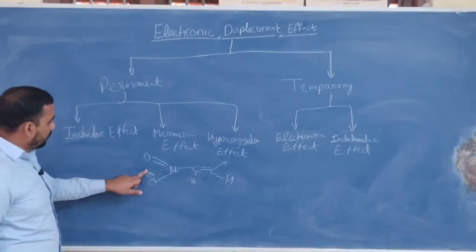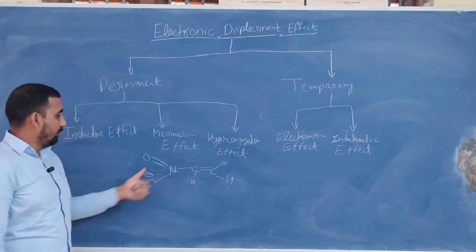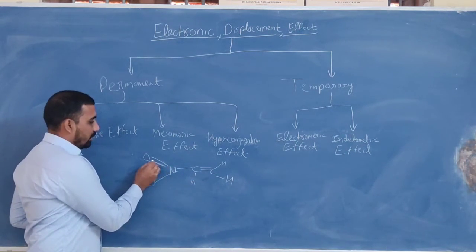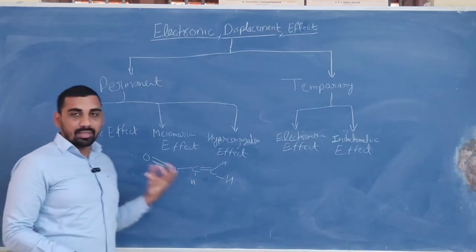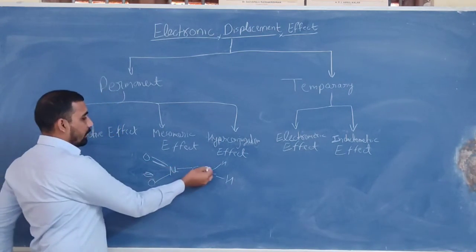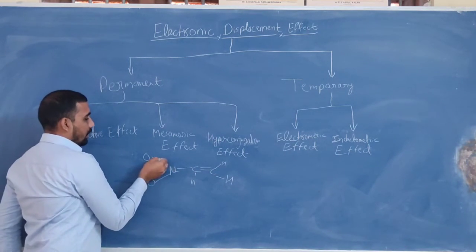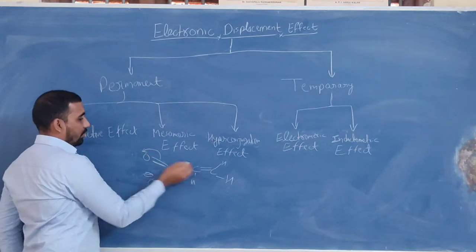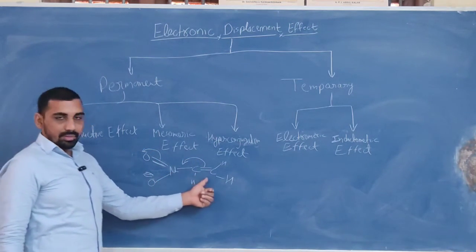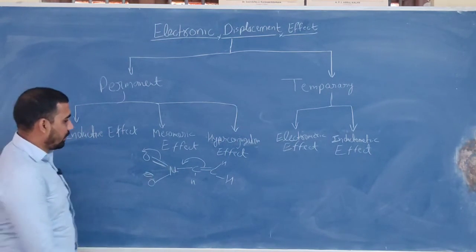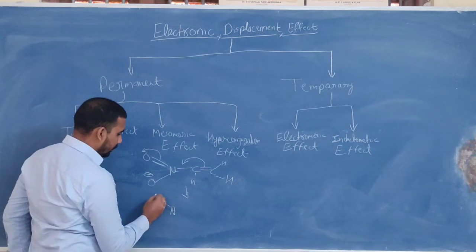In the presence of a pi bond, there is also a pi star orbital. Due to the electron withdrawing nature of this nitro group, these pi bonds will delocalize into this orbital like this. This bond will move like this, and this will move like this. In the presence of the pi bond, this type of movement happens. Then it will result in the formation of O minus.